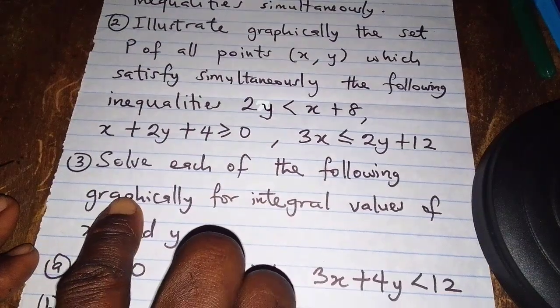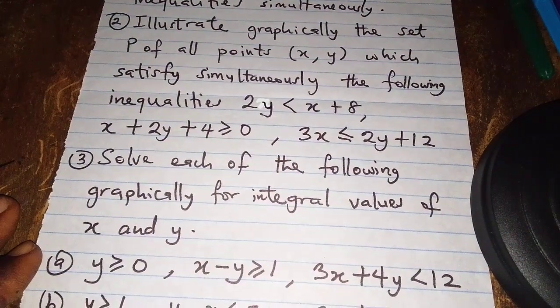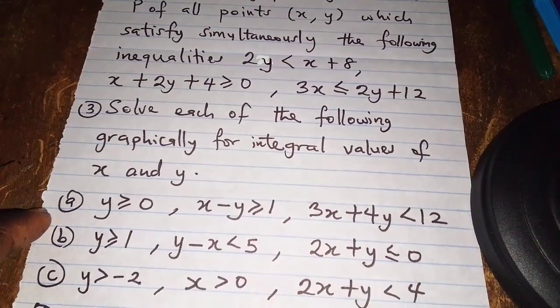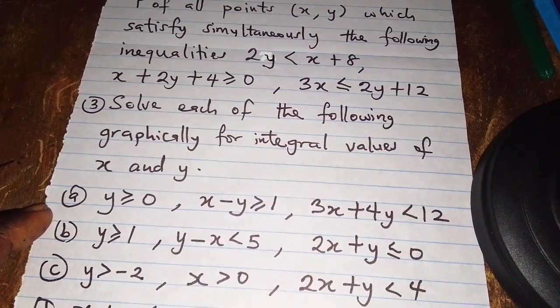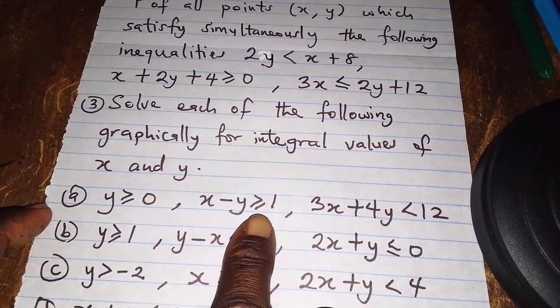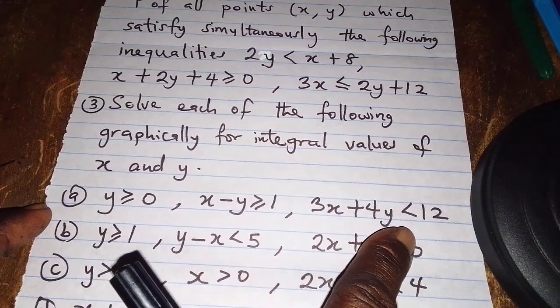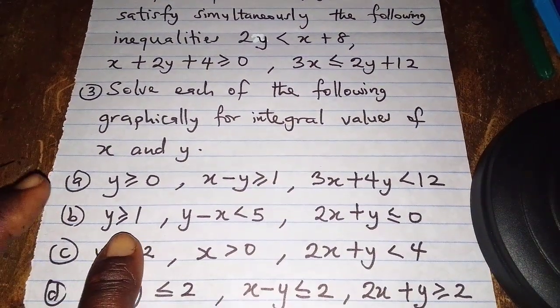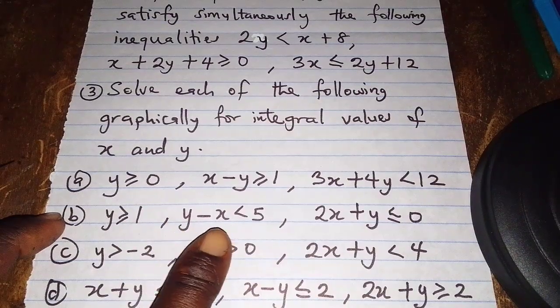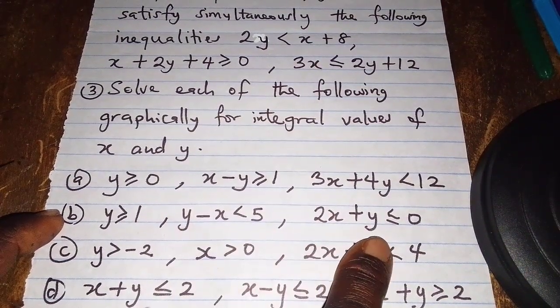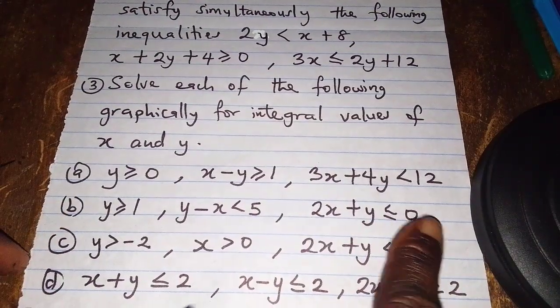Number 3, solve each of the following graphically for integral values of x and y. A. y is greater than or equal to 0, x minus y greater than 1, and 3x plus 4y less than 12. B. y is greater than 1, y minus x is less than 5, 2x plus y is less than or equal to 0.